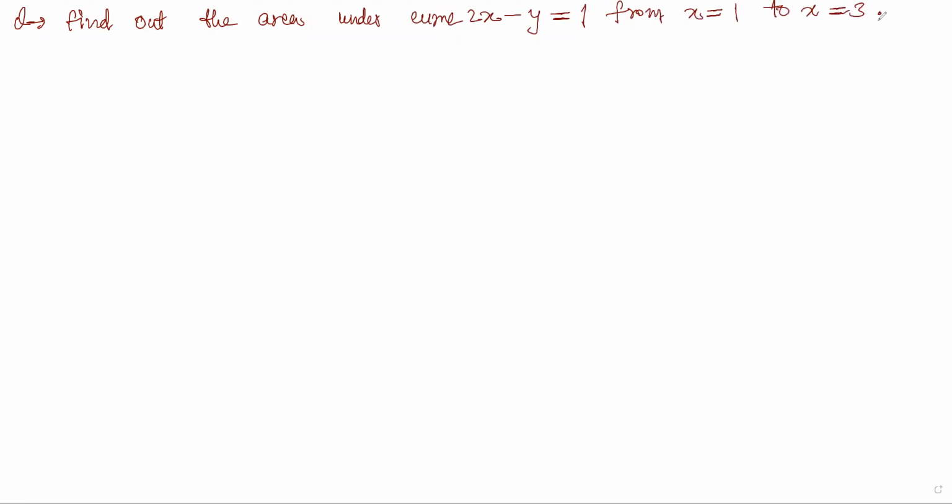Now in this question, I have already simplified it for you because I have given the limits directly, right? You need to integrate this function from x equals 1 to x equals 3. So the limits are already set.